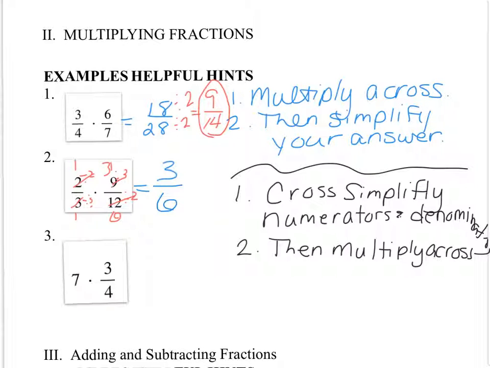Oops, we missed a pair, because 3 over 6 simplifies by 3. So my final answer is 1/2.